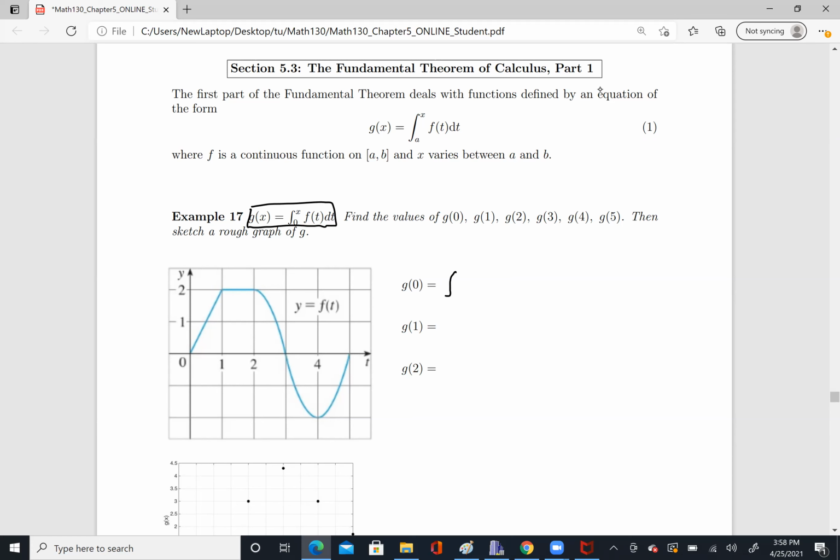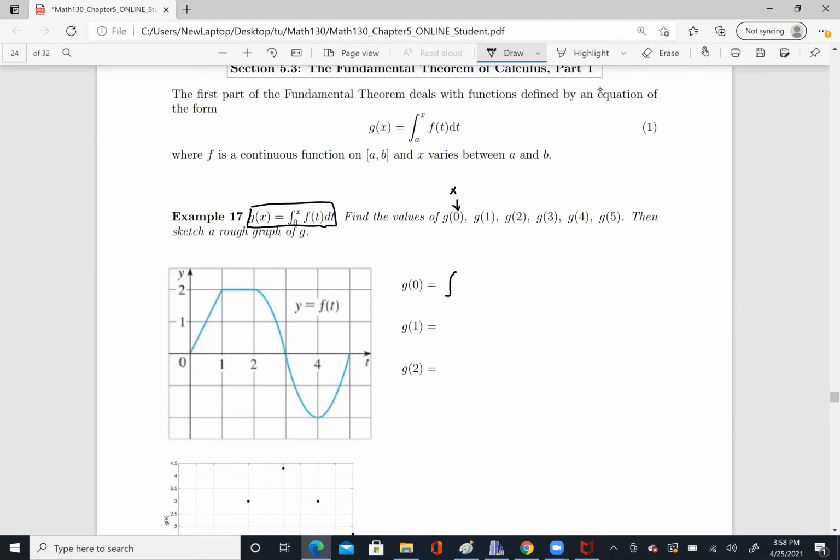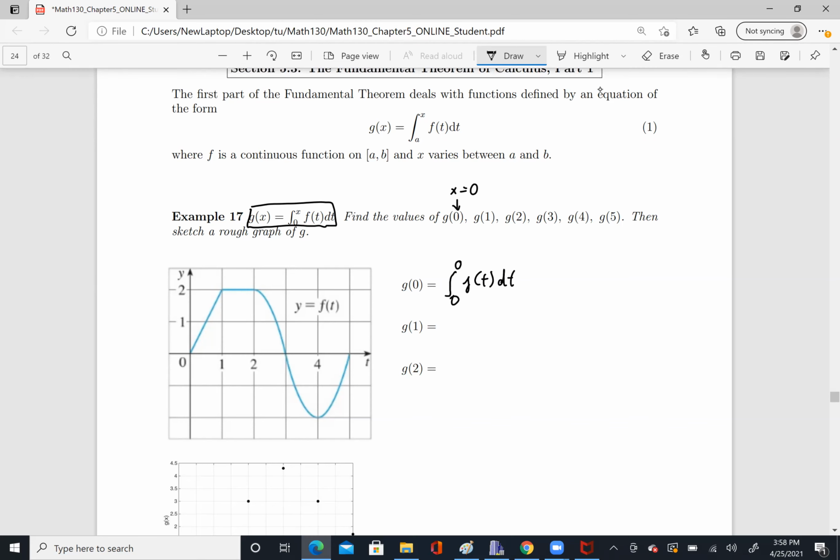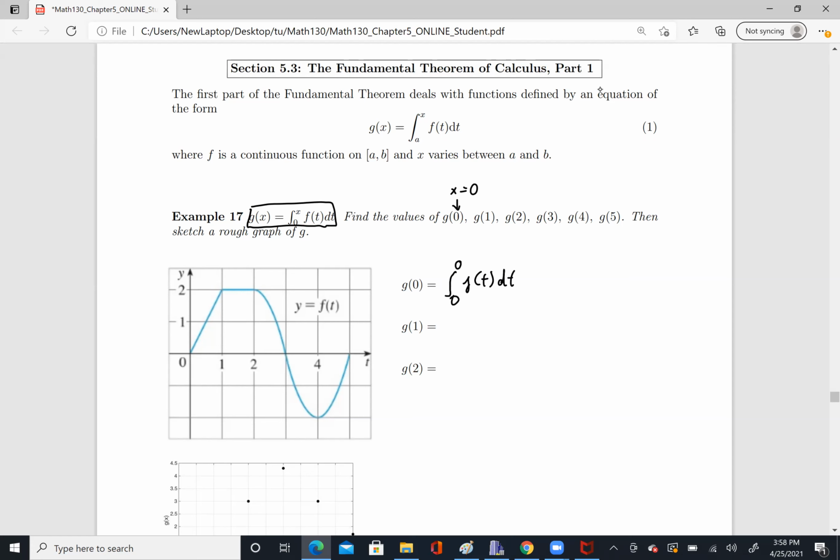For x equal to 0, I have the integral from 0 to 0 of f of t dt. According to property number 2 on page 12, this is equal to 0, since we just stay at one point. So the integral is just 0.